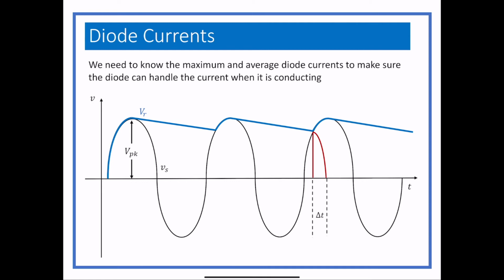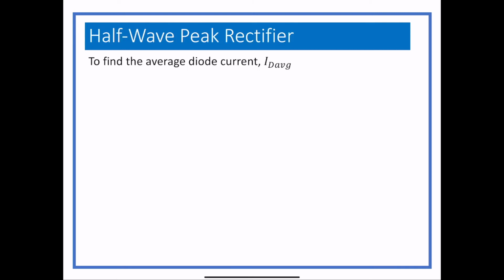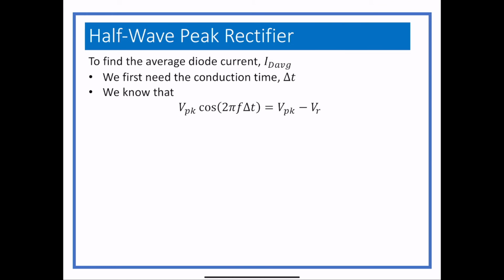Well, we start with taking the value of conduction time, which we need to know, and remember that's really, really small. But we need to find that conduction time in order to figure out what the current's going to be. So we know that V peak cosine 2 pi f delta t is going to equal V peak minus VR.